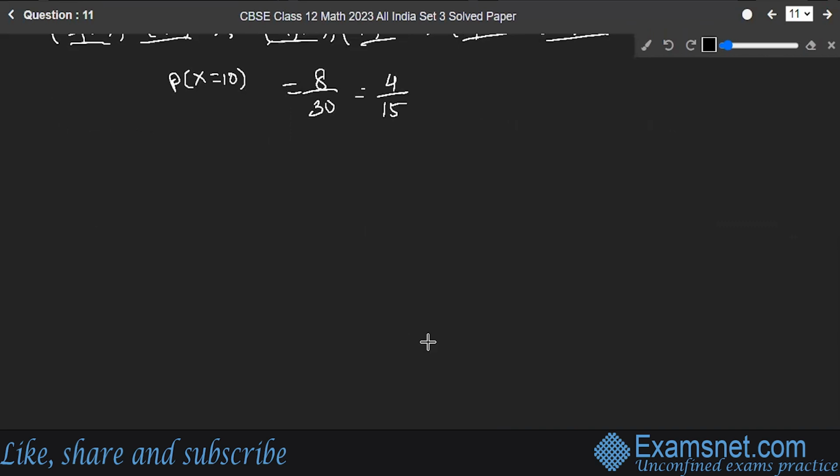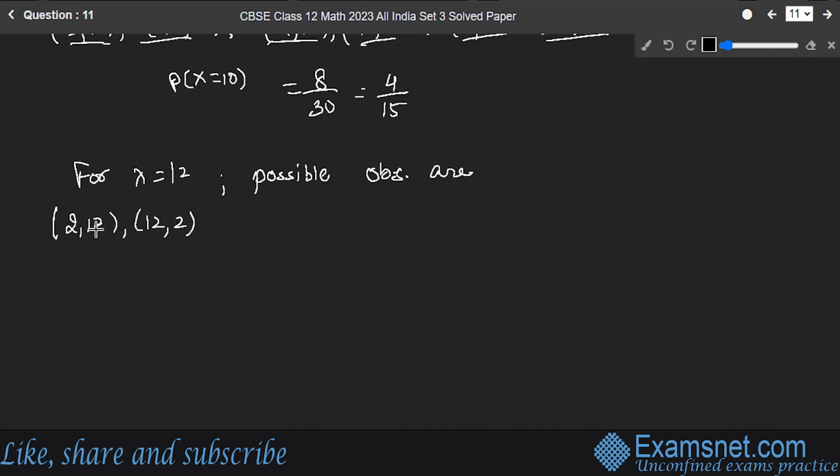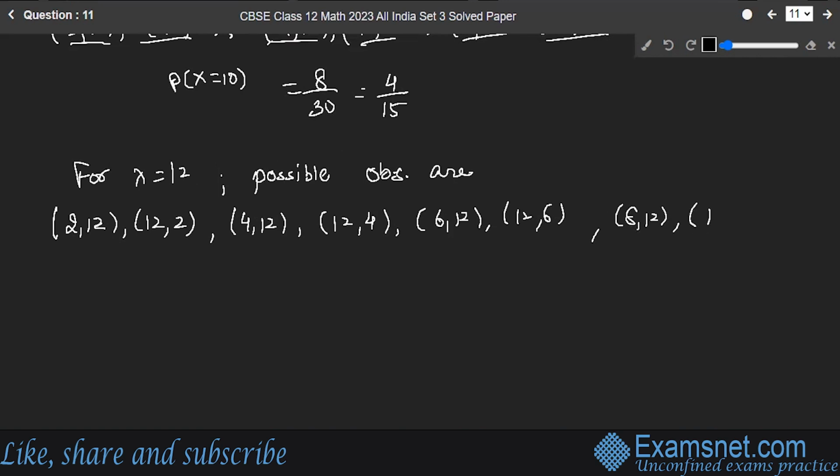So for the last one, x is equal to 12. Possible observations are 2, 12, 12, 2, 4, 12, 12, 4, 6, 12, 12, 6, 8, 12, 12, 8, 10, 12, 12, 10.